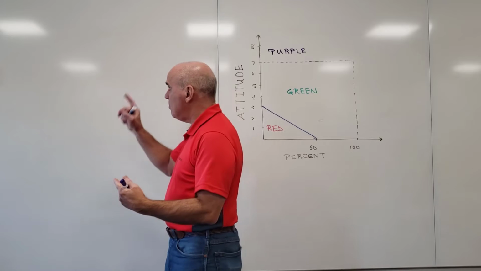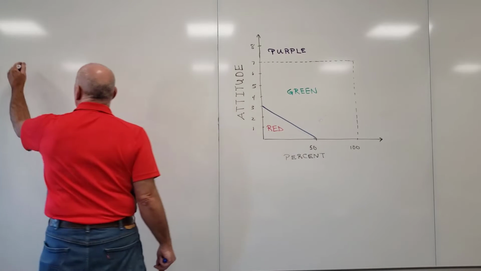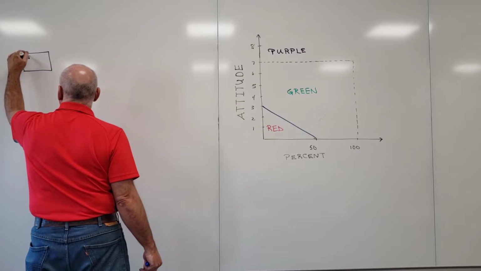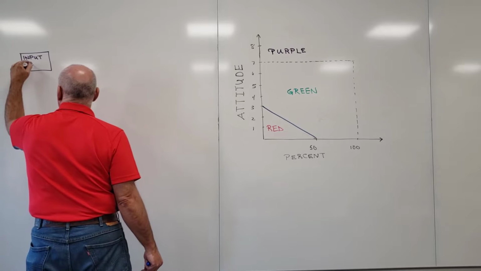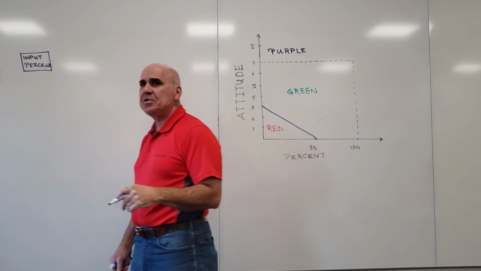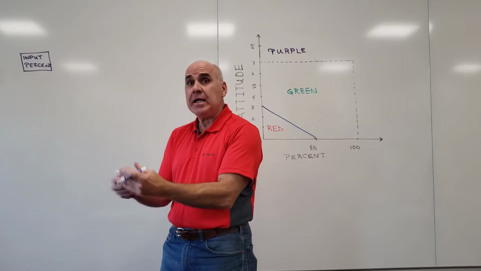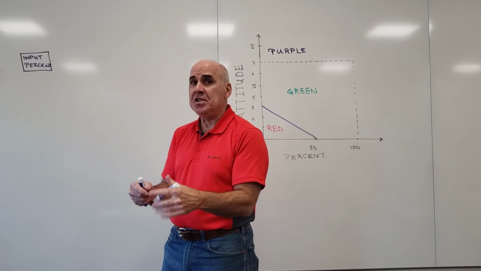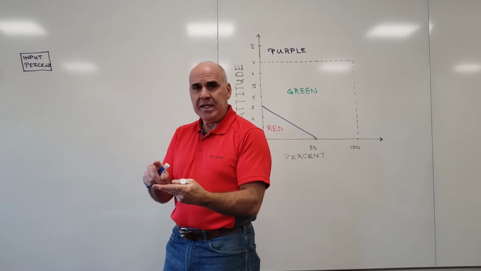So where do we start? Well, we start off with our input. I'll start with the x-axis: I'm going to input the percent. All right, so that's my first thing. Now, if I'm doing this as a function, the percent comes in as one of my inputs. In fact, as a function in Matlab, there'll be two inputs: the percent and the attitude.